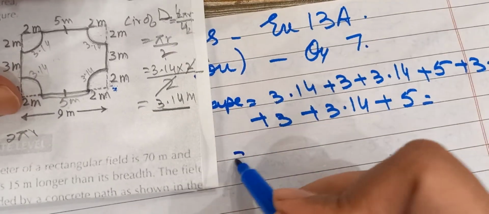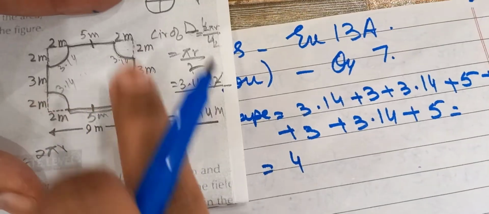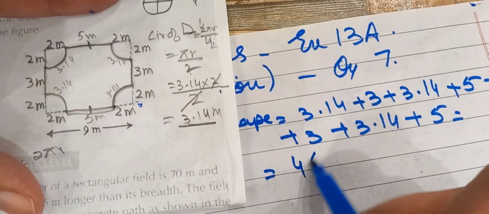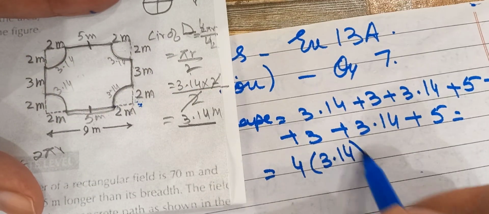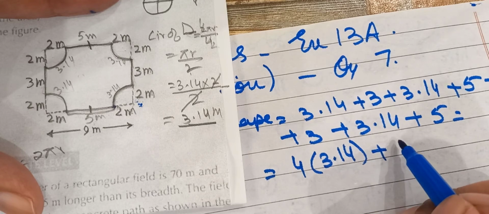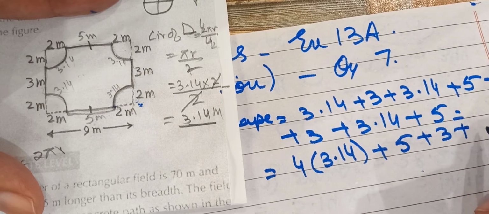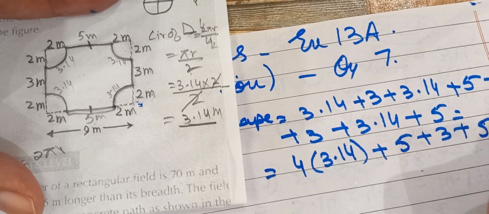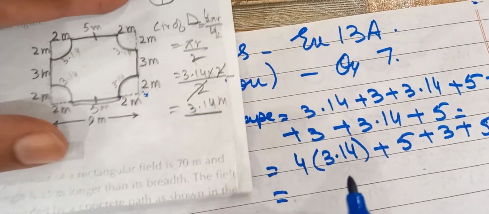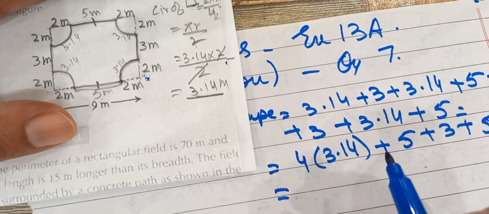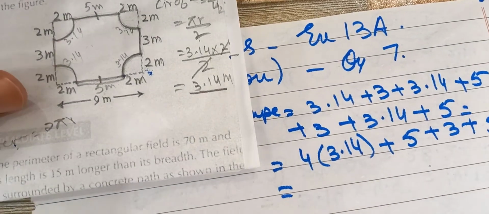Or, as there are 4 quadrants, you can multiply 3.14 with 4 and just write down the other values. You will get the result this way as well.